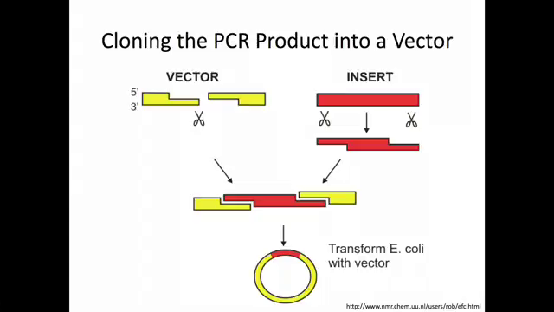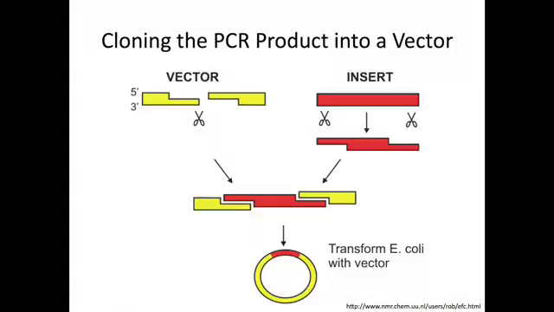So if we imagine that this is our PCR amplicon and we've put restriction enzyme sites on the end of it, we can now cut this with a restriction enzyme, either the same one on both sides or different ones, and get this staggered piece with overhangs that can then be ligated into a vector that is also cut specifically with the same enzymes.